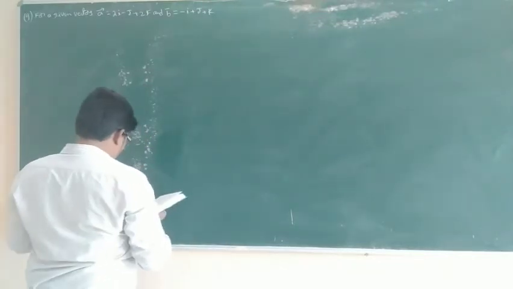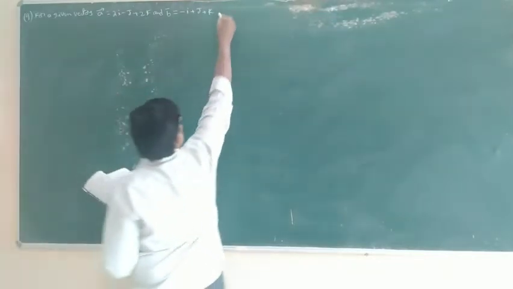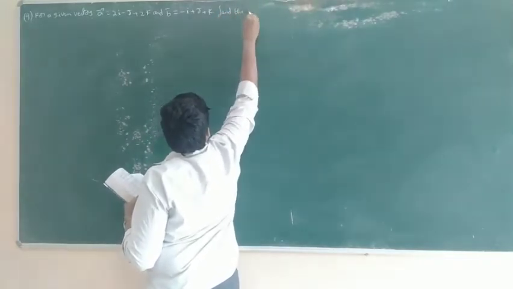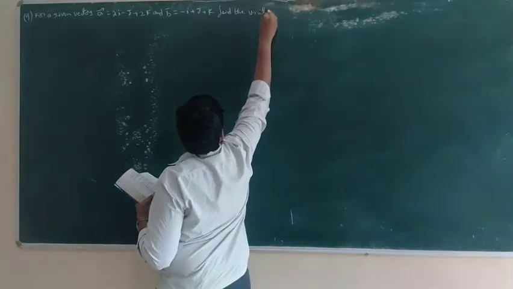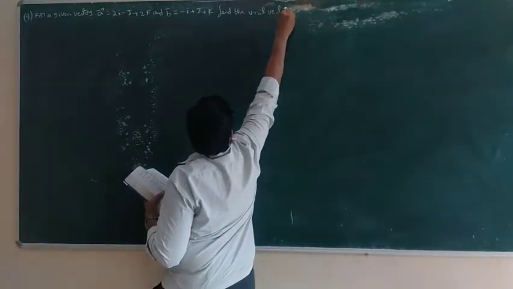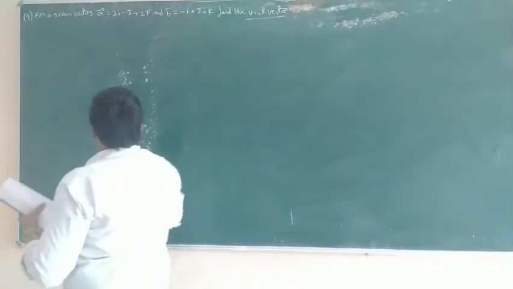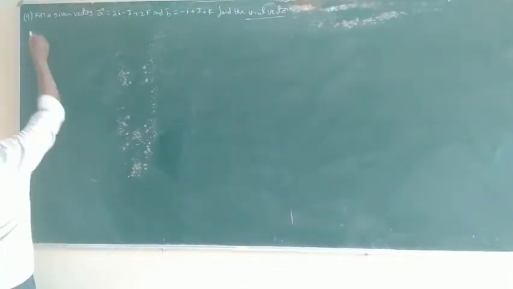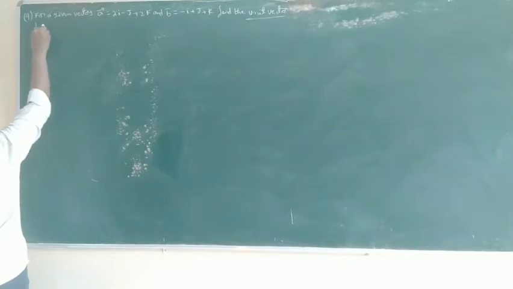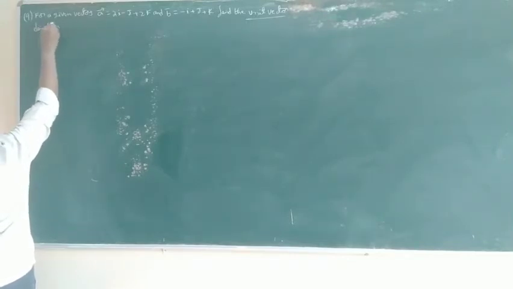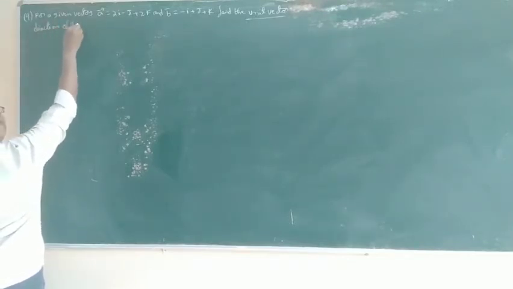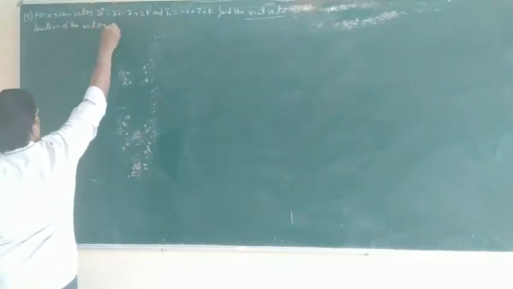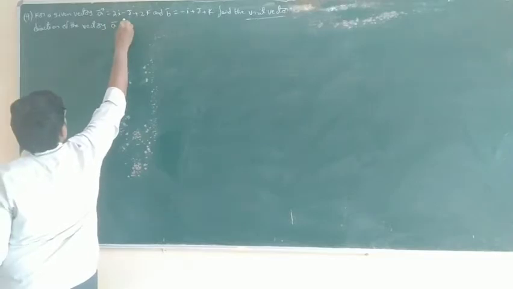Find the unit vector in the direction of the vector a bar plus b bar.